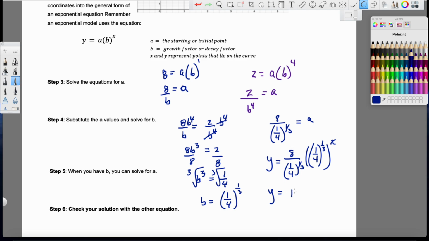I get 12.7 times 0.63 to the x. All right.